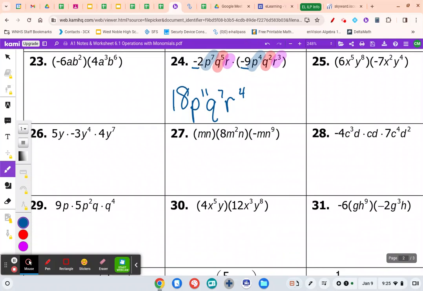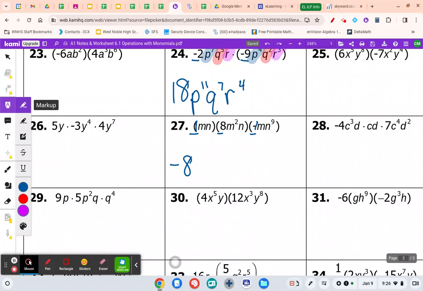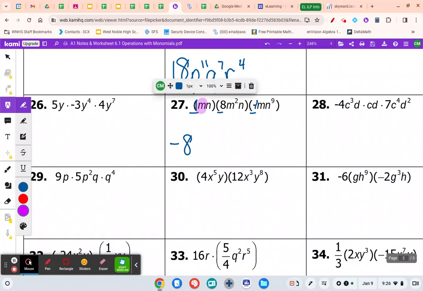Skipping down to 27. Multiple things going on here. That's fine. We're going to take 1 times 8 times negative 1. That just gives us negative 8. We look at our m's. We have m to the first, m to the second, and m to the first.